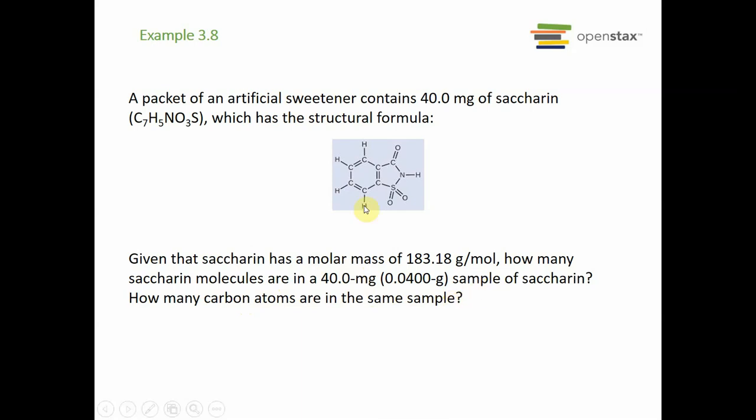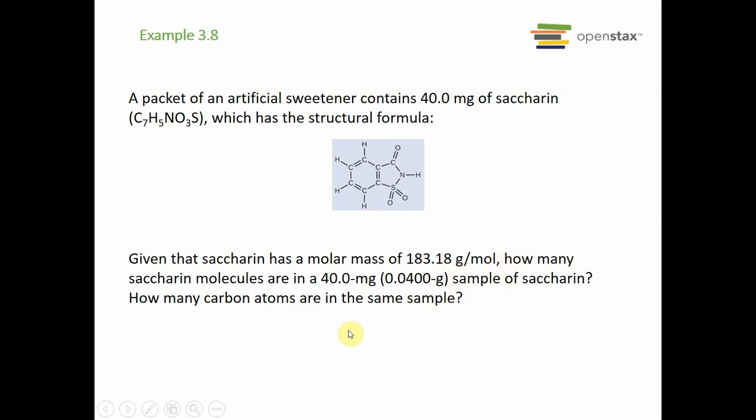Well, the way you would proceed is that you go from grams to moles. Of course, this is milligrams, so that milli right there means 10 to the minus 3. There you go. It's a 0.0400 gram sample. And then you divide by the molecular weight, so the grams cancel and you're left with moles on top.